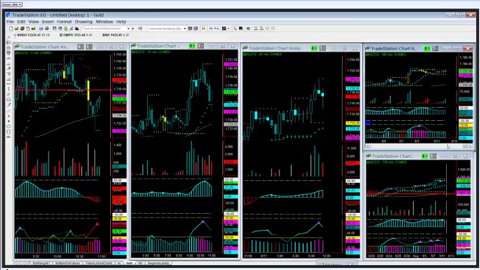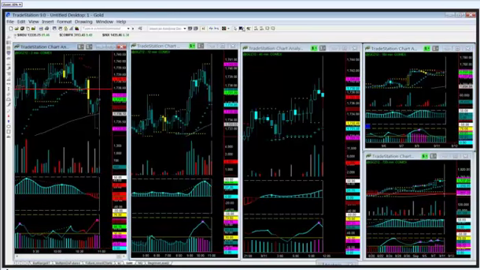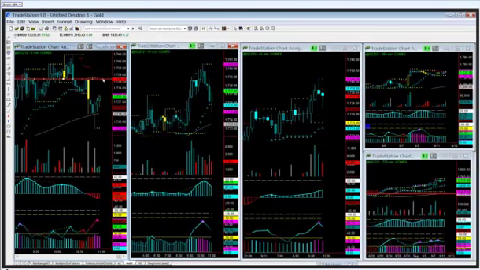What am I anticipating? Right now, I would be anticipating it to pull back to the ATR over here on the 3-minute chart. Right now, that ATR is 738.7.